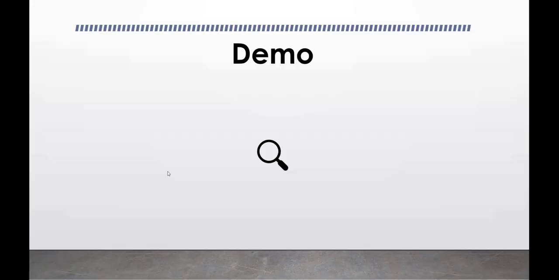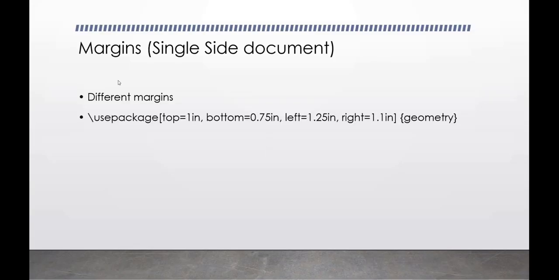Now after seeing the demo, we have seen how to set the page margins with the help of top, bottom, left and right. This is for a single-sided document. When we are talking about a single-sided document, we follow top, bottom, left and right. And if you want a common margin, then you can simply use the option margin and set the value.